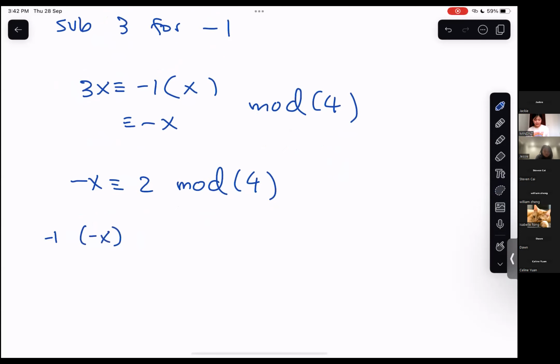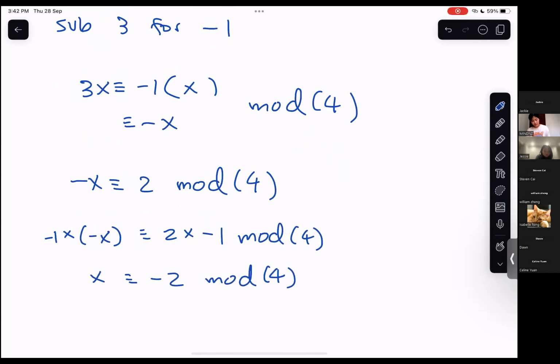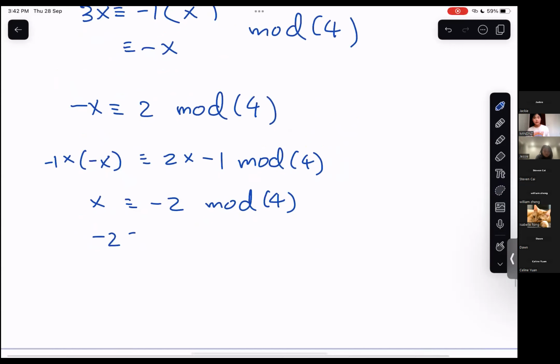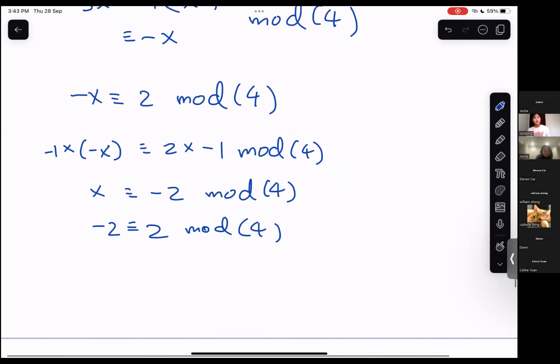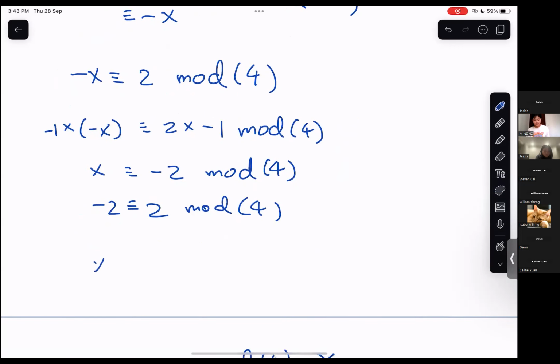We times by -1 here and times by -1 here. We just get x equals -2 mod 4. But -2 mod 4 is equal to 2, right? Mod 4. So we just basically get something like this. Does that make sense to everyone?